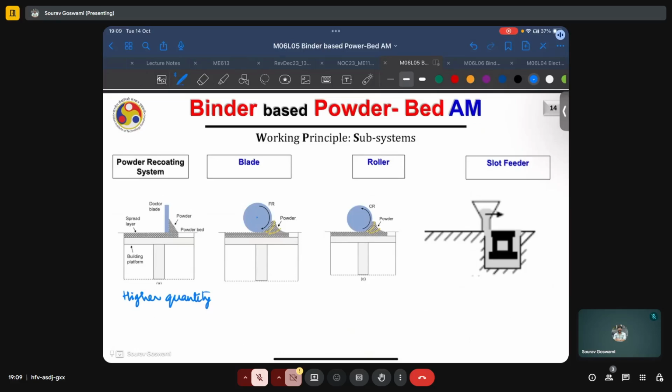If the direction of translation of the roller and the sense of its rotation are aligned, then it is called a forward rotating roller. And typically, this tends to have better packing density.